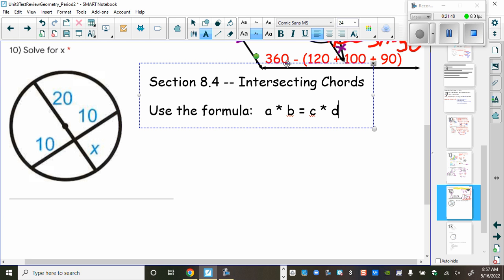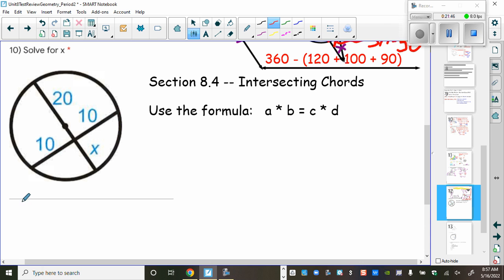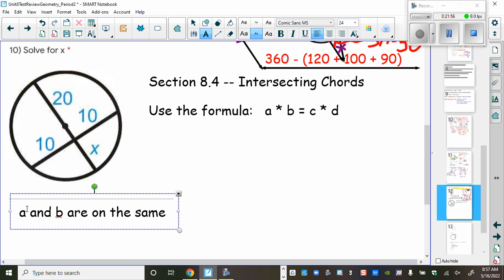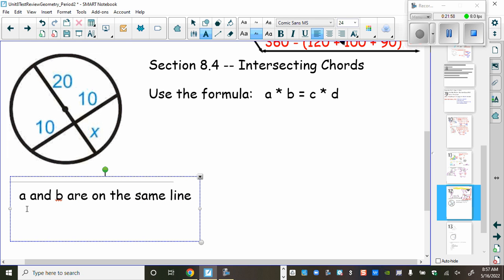Now, here's what you can do with a problem like this, and I'm going to give you a little hint. A and B are on the same line. C and D are on the same line.